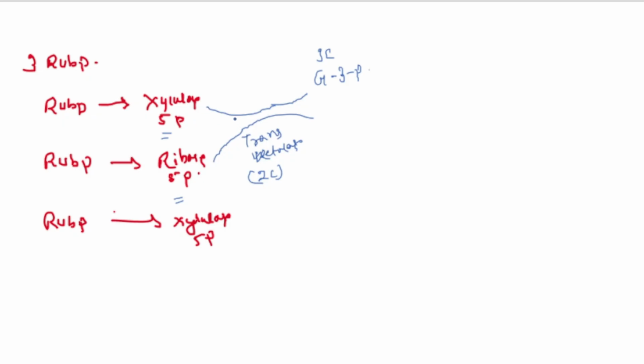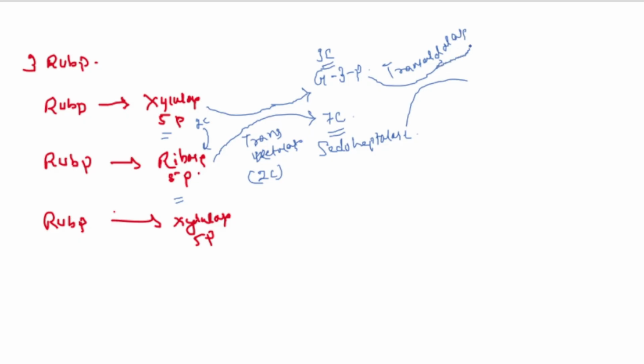The 2 carbons from xylulose will be transferred to ribose 5-phosphate, which will be converted into a 7-carbon compound known as sedoheptulose. So now there are glyceraldehyde 3-phosphate, a 3-carbon compound, and sedoheptulose, a 7-carbon compound. Now another enzyme comes and binds, which is known as transaldolase.